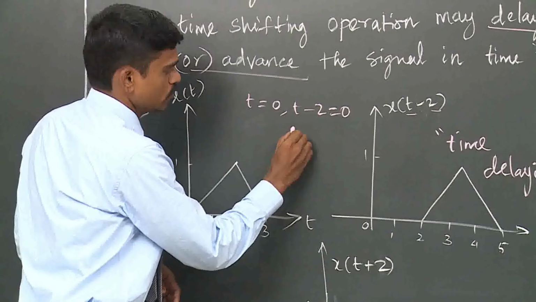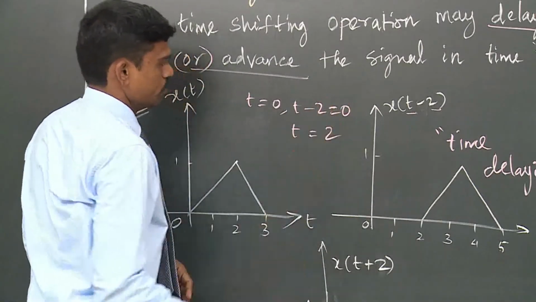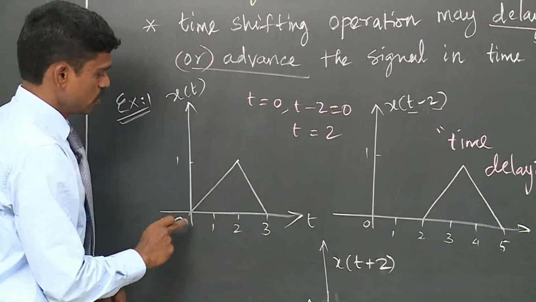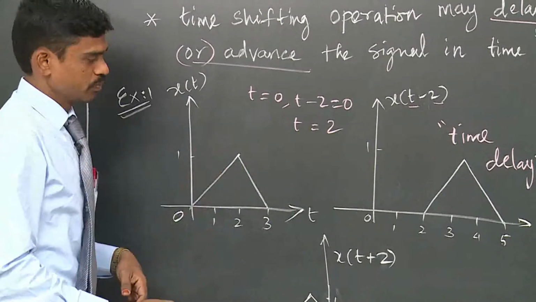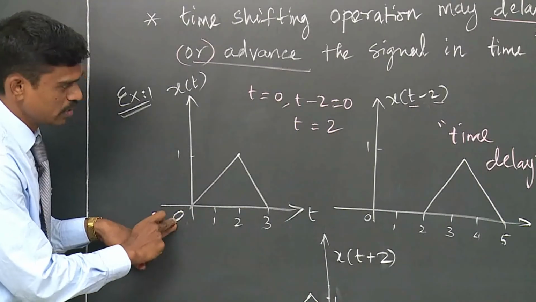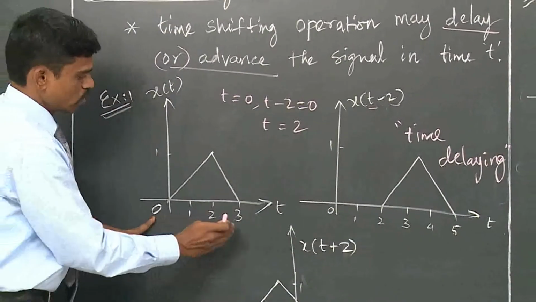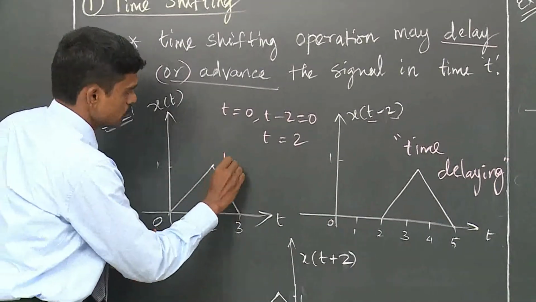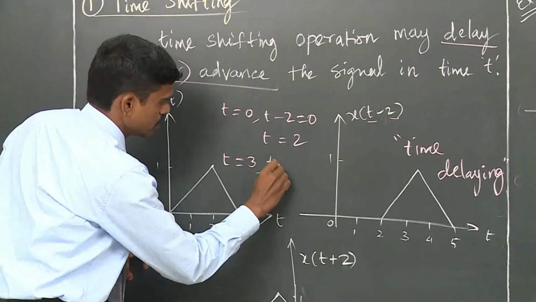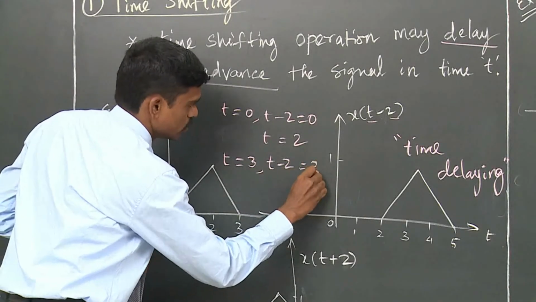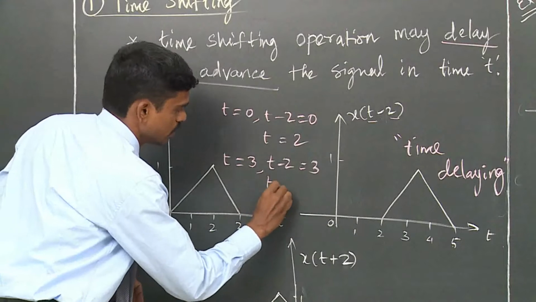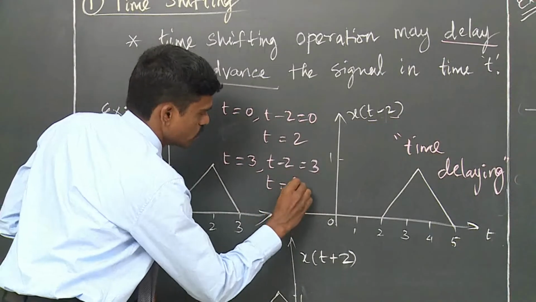What is t now? t is equal to 2. So t equal to 0 is shifted to 2. What about 3? t minus 2 is equal to 3, so t is equal to 3 plus 2, which is 5.